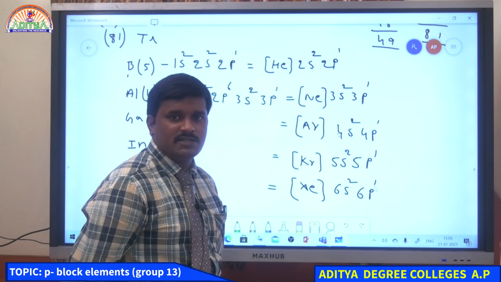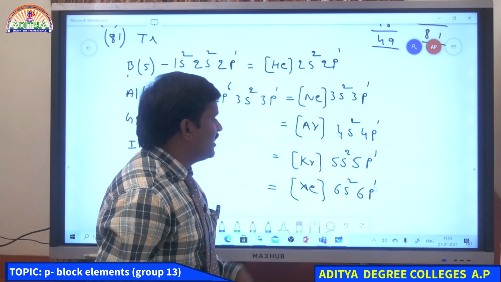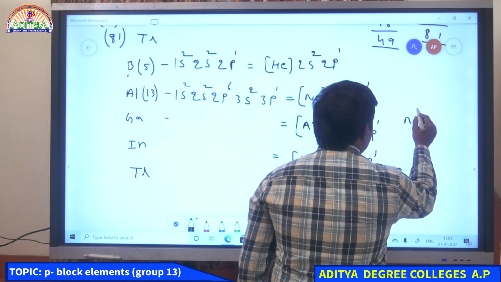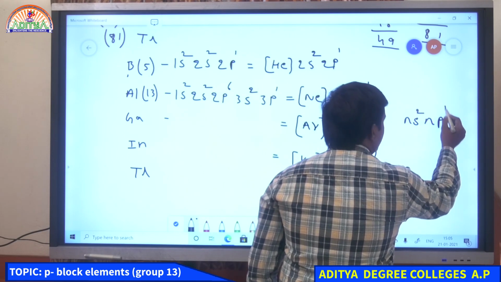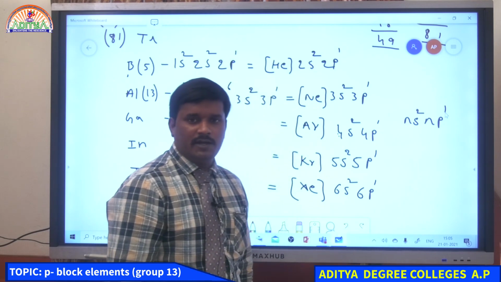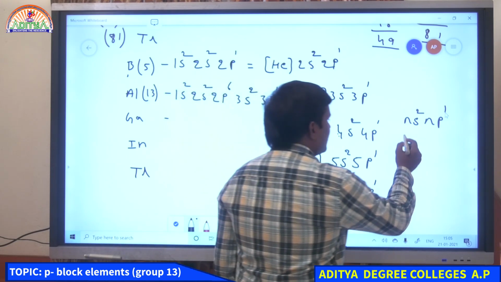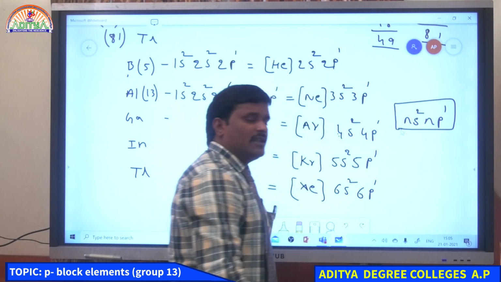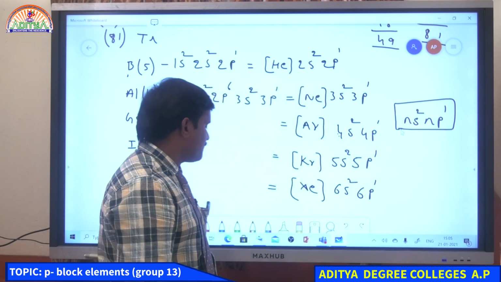All these are present in a single group having the same electronic configuration. So what is the general configuration here? ns2 np1, only one electron in the p orbital. Therefore the general electronic configuration for 13th group elements is ns2 np1.